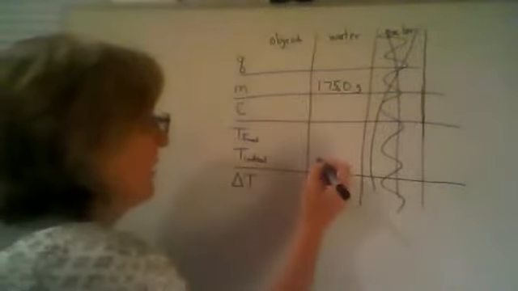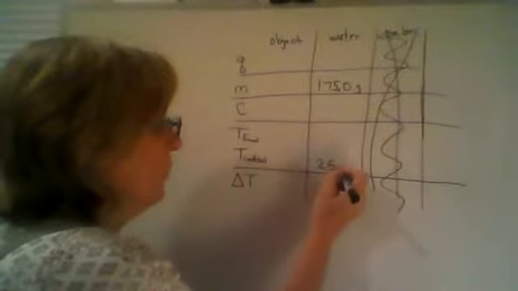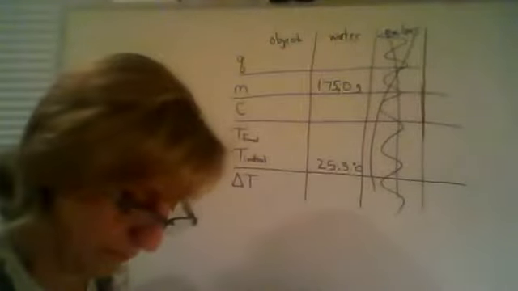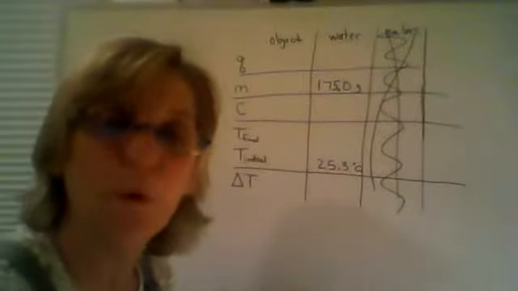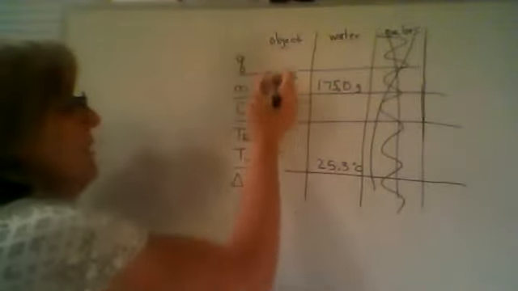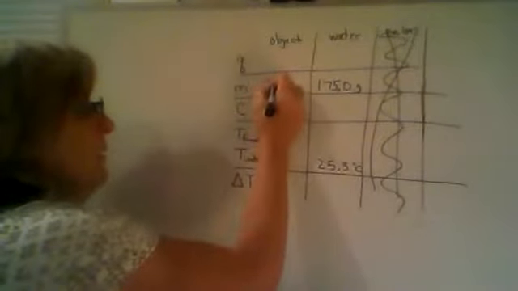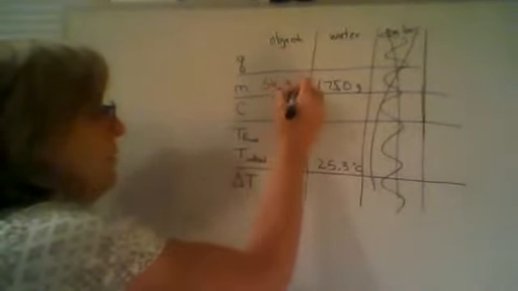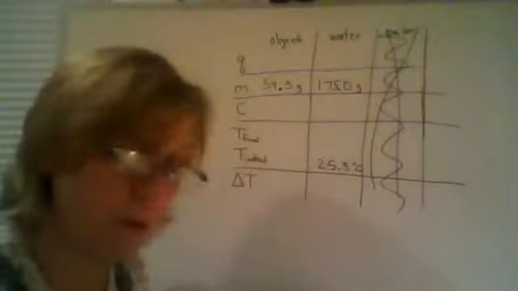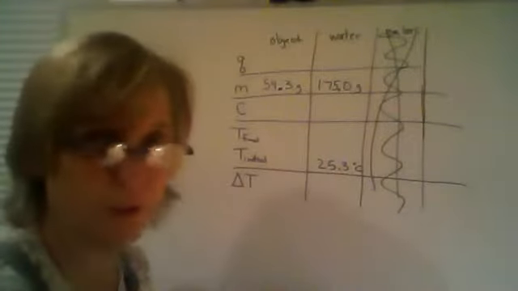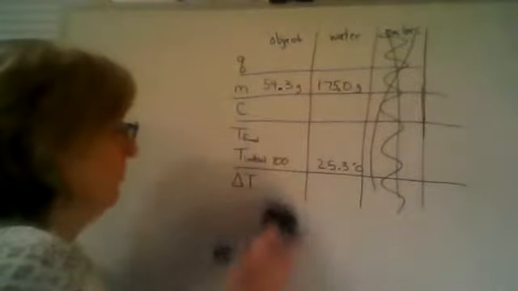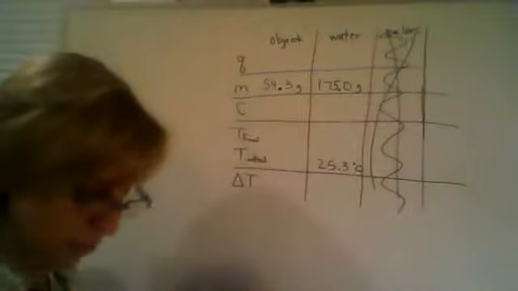So the water is going to start at 25.3 degrees Celsius. Now, a 54.3 gram piece of metal, that's our mass of the object, we don't know what kind, at 100 degrees is dropped. So it's starting at 100.0.